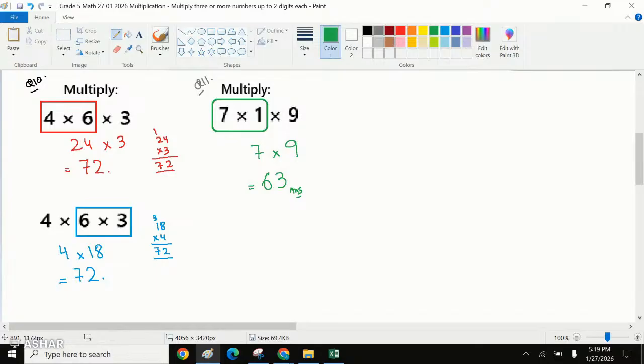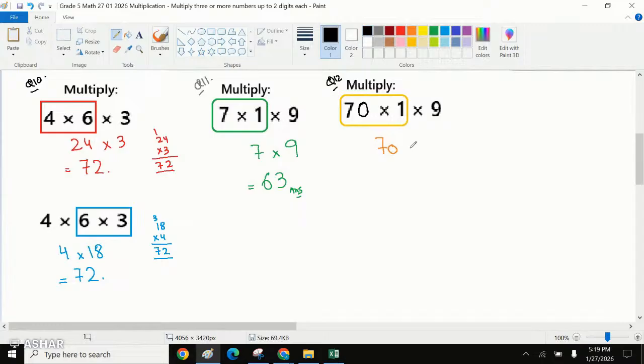So if I want to change the same question, let's make it more difficult, okay? This is question number 12. We try to change some values over here. Let's make 7 as 70. Now we know that we can multiply in any order, and it stays the same, right? 70 multiplied by 1 is still 70.